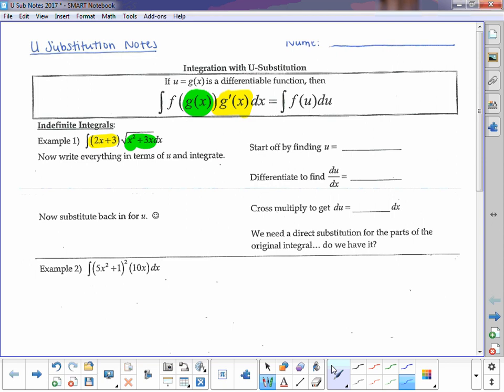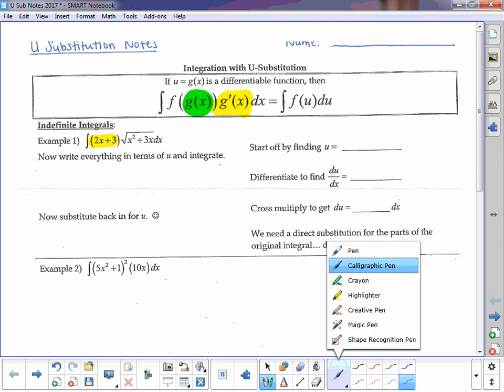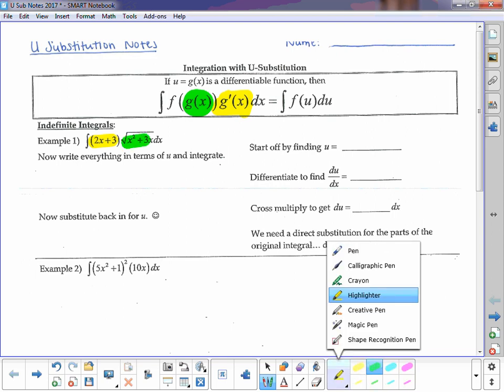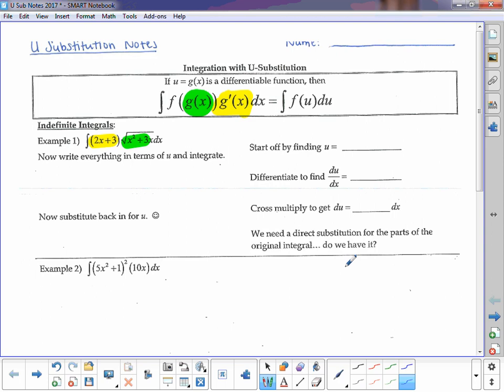All right, so the first thing we want to do is identify what we are going to let U equal. Typically, we want U to be that inside function. What is that composition? So here, I'm going to let U equal x squared plus 3x. If I take a look at my integral here, I can see that the piece that is a composition of functions is the square root of x squared plus 3x.